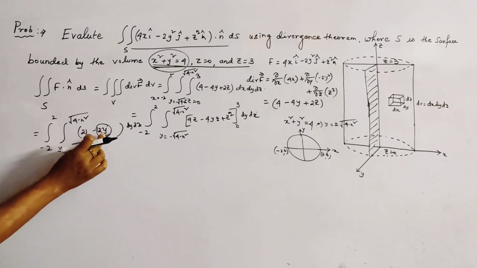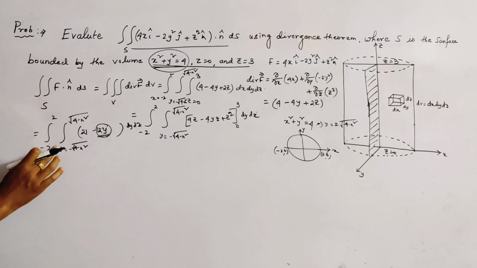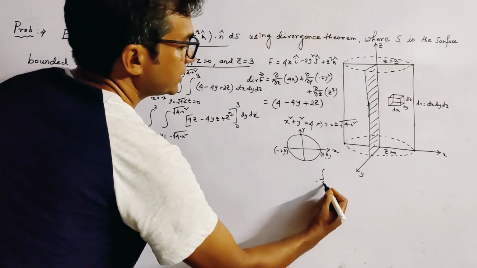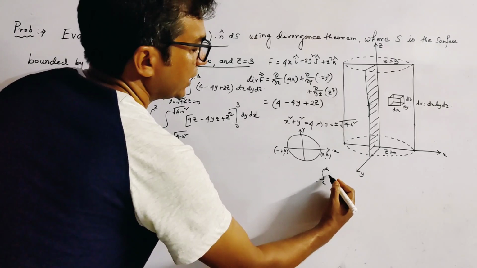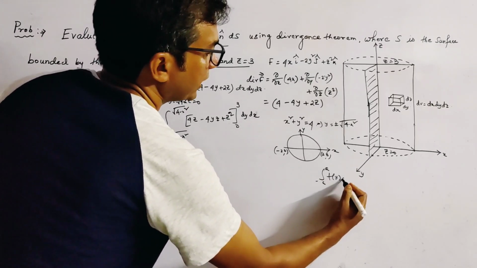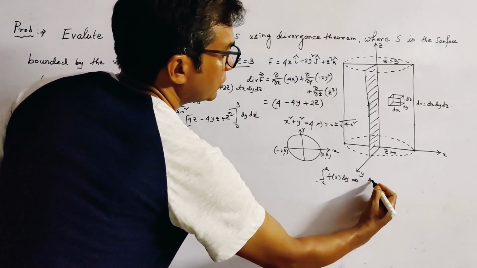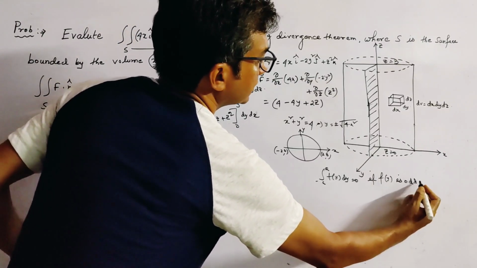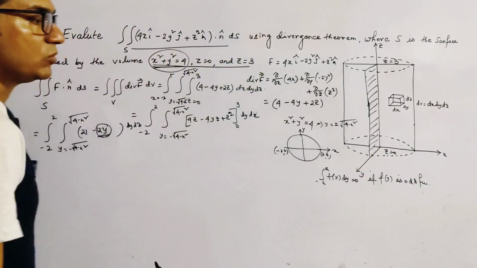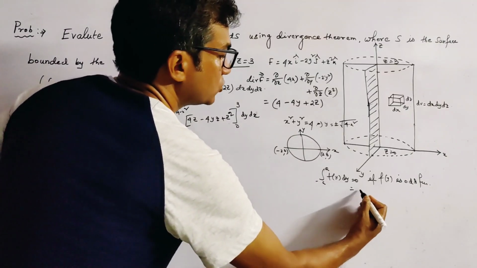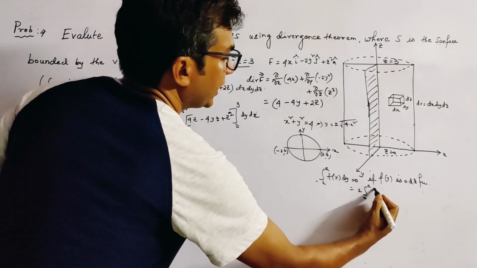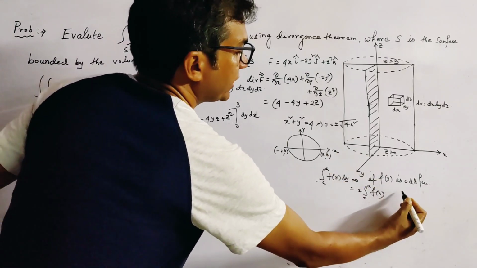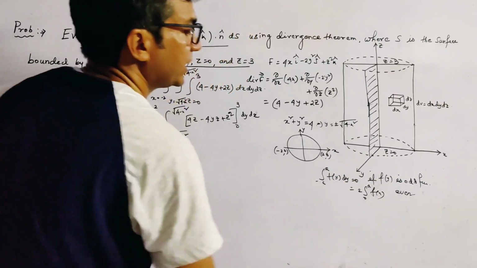So the integration of this term must be 0, because we know that the integration from minus a to a of f(y) dy is equal to 0 if f(y) is an odd function, and it is 2 into the integration from 0 to a of f(y) when f(y) is an even function, right?